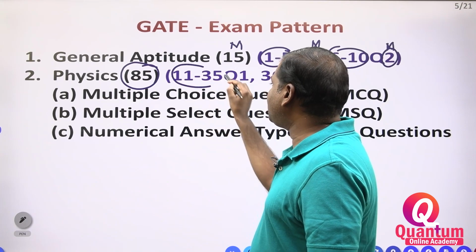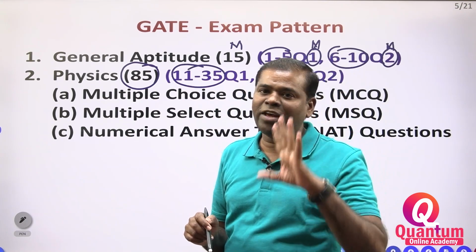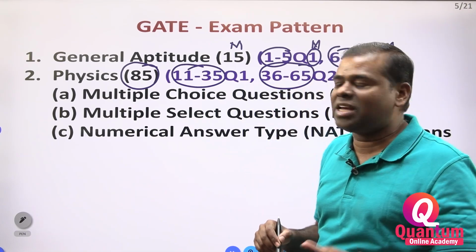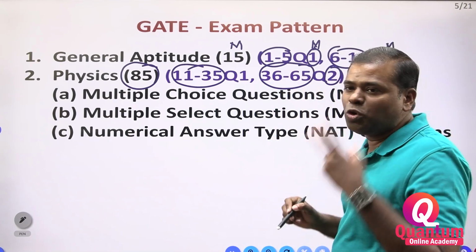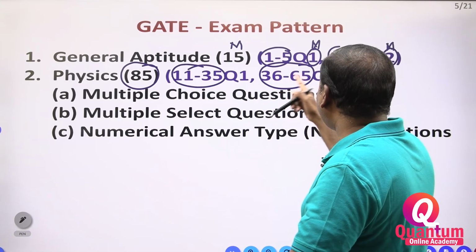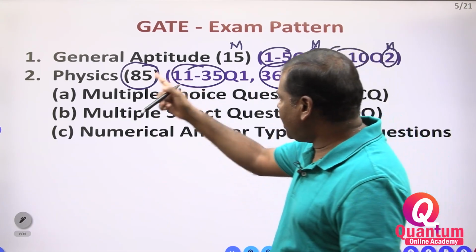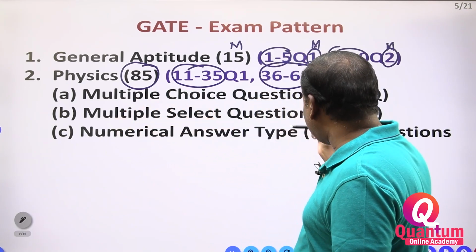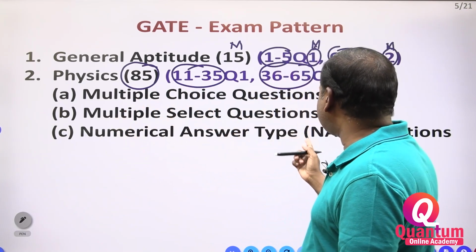Question number 11 to 35, you can carry 1 mark for each question. Question number 36 to 65, you can carry 2 marks each. Here you have multiple choice questions, multiple select questions, and numerical answer type questions.